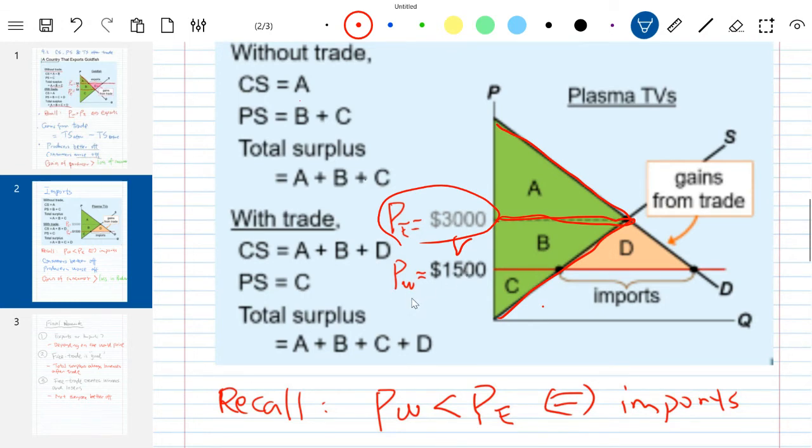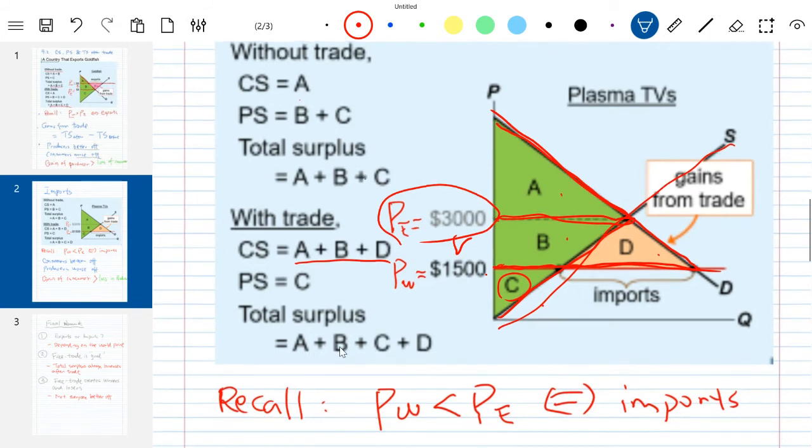Given this new price, which is the world price of plasma TV, $1,500, consumer surplus is the area that's above this price and below the demand function. So that's A, B, and D. And producer surplus is everything that's below this price and above the supply function. Okay, so that's this area C. So it makes the total surplus A, B, C, and D.